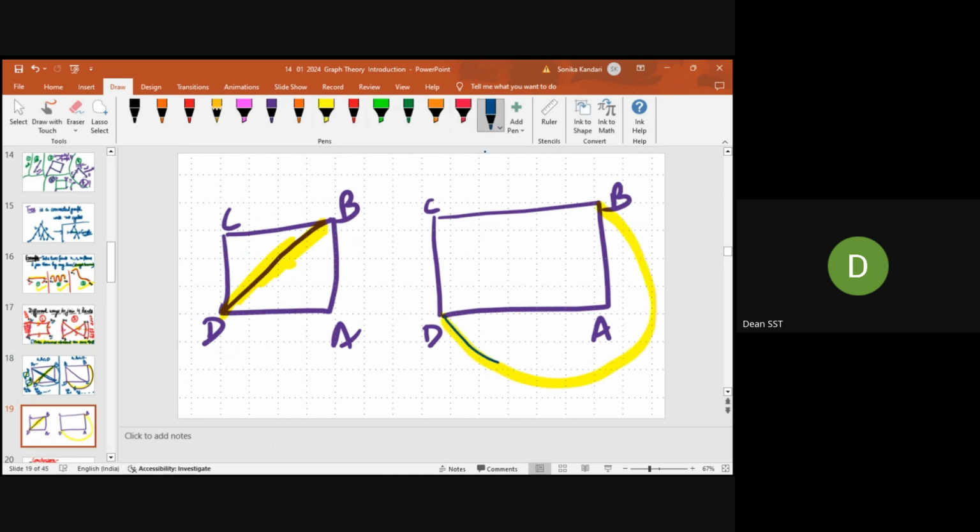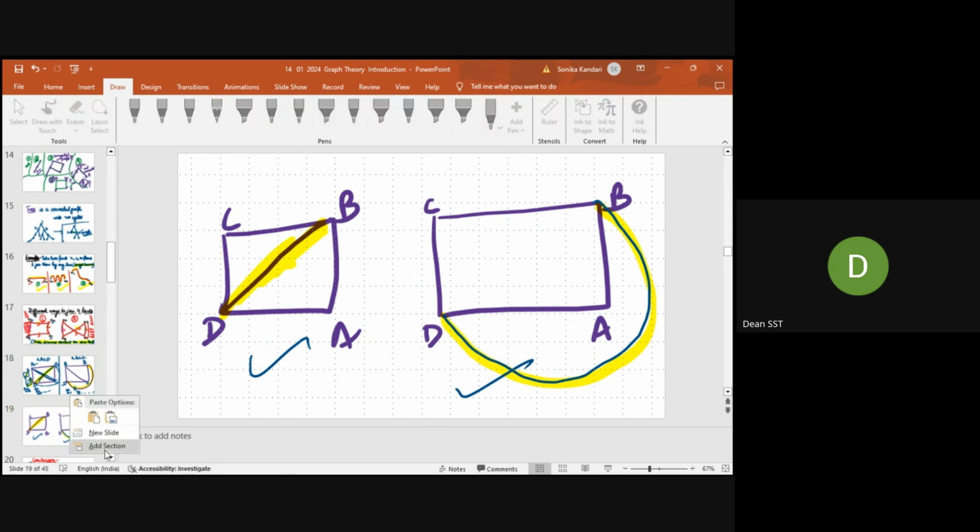Fine. This BD can be drawn like this. Fine. Is it clear? Both are same. Both the graphs are same. Is it clear? Both the graphs are same. Fine.